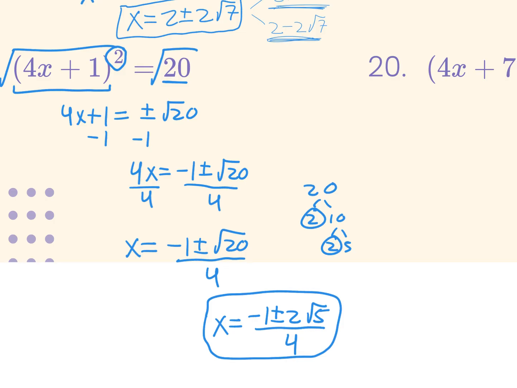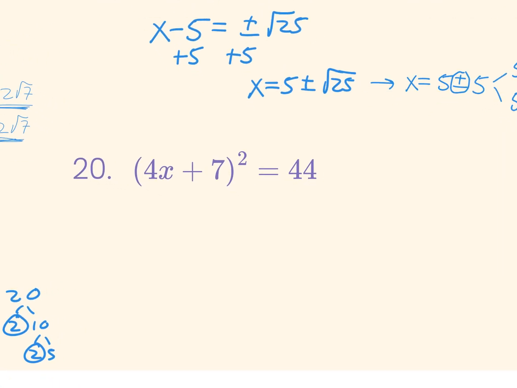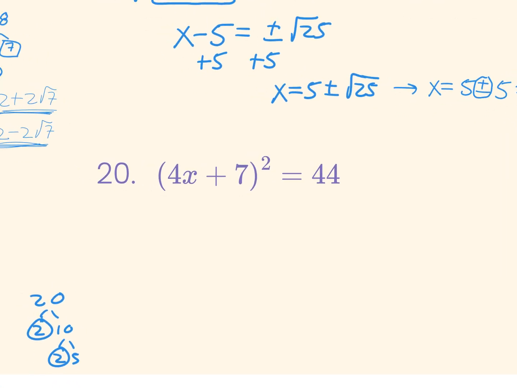All right, but let's try the same thing with the next one. Once again, if I have something squared and a number on the other side, I can go ahead and square root both sides of the equation. So the square root and the square cancel out. And so I get 4x plus 7 equals plus or minus the square root of 44.